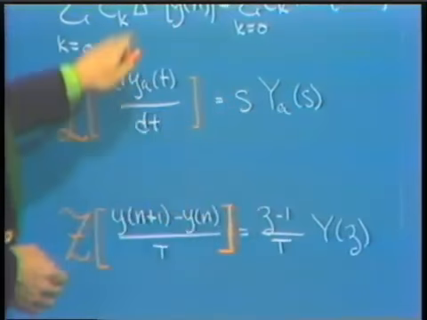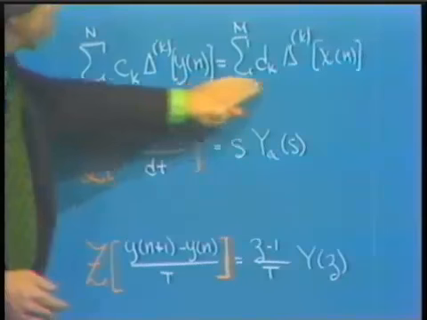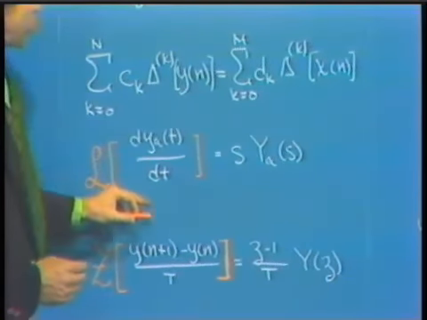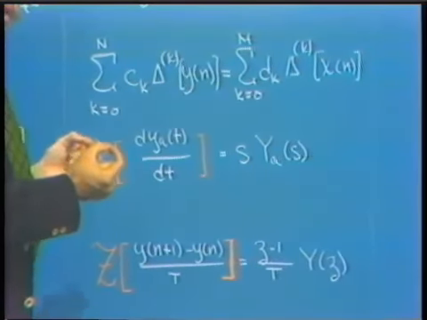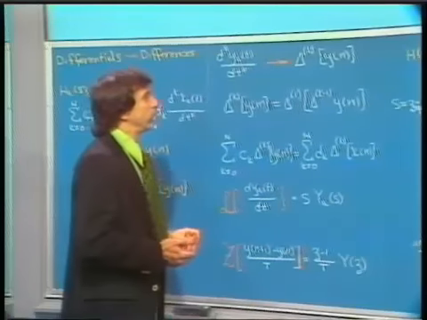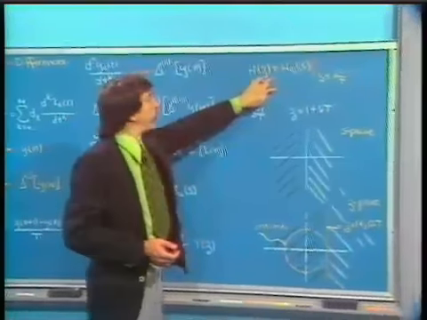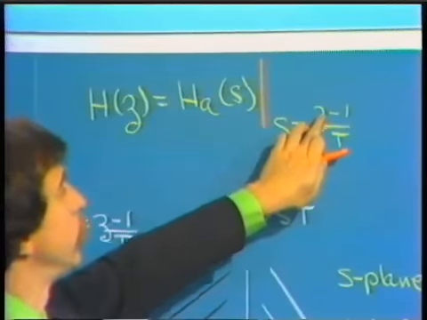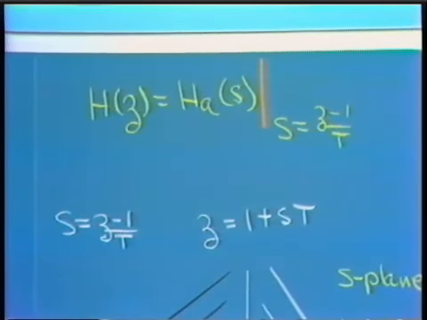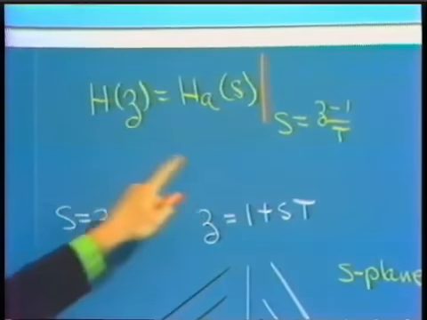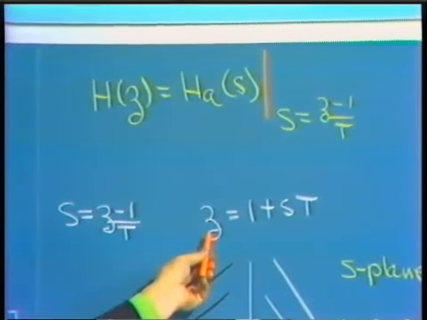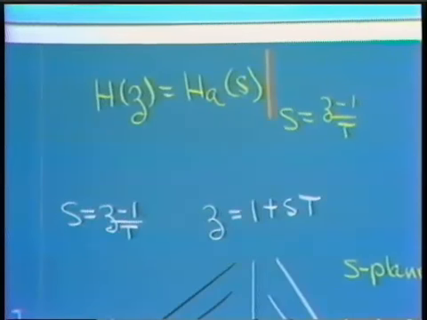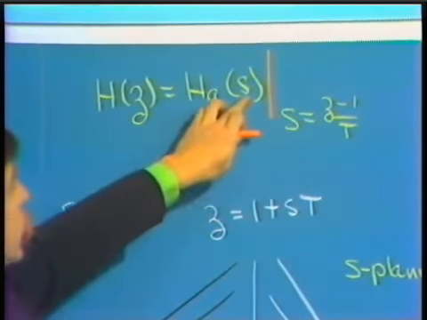So if you track that through, put that into the difference equation and obtain the system function for the digital system and compare it with the system function for the analog system, what you see resulting is that the operation of replacing differentials by differences corresponds to obtaining the transfer function of the digital filter from the transfer function of the analog filter by the substitution s equal to z minus 1 divided by capital T. So it's basically a mapping then, s being replaced by z minus 1 over capital T, or equivalently, z is equal to 1 plus s times capital T. First point then is that this technique in fact corresponds to a mapping from the s-plane to the z-plane with s replaced by a function of z.